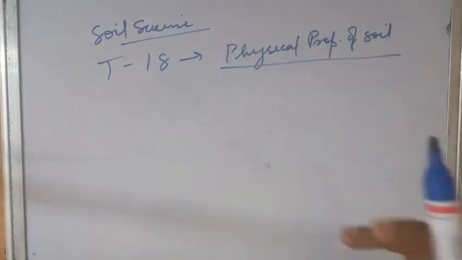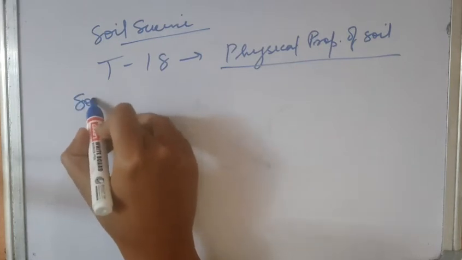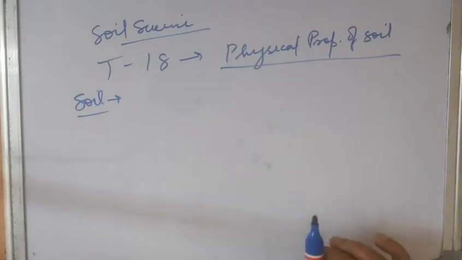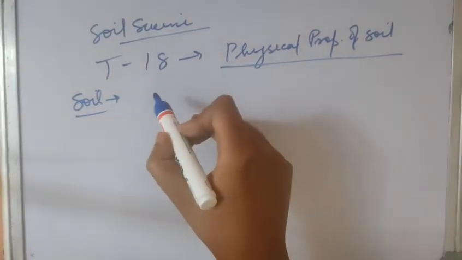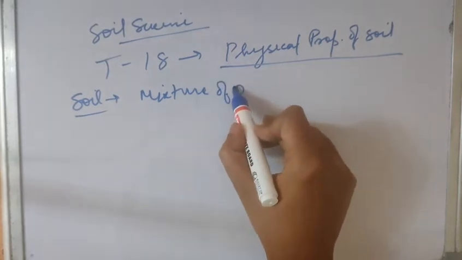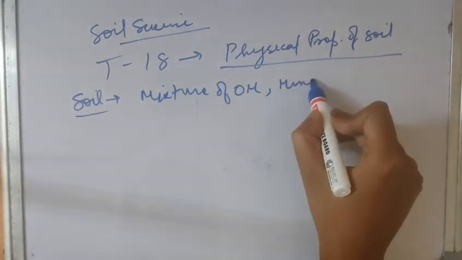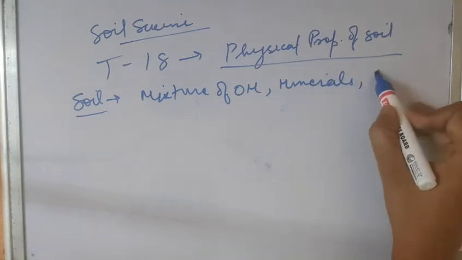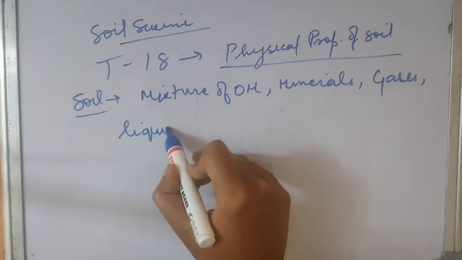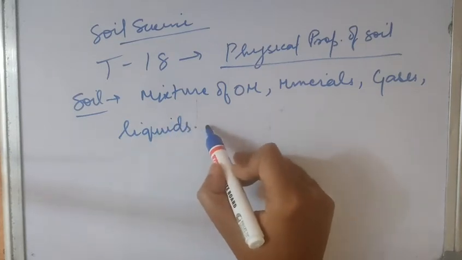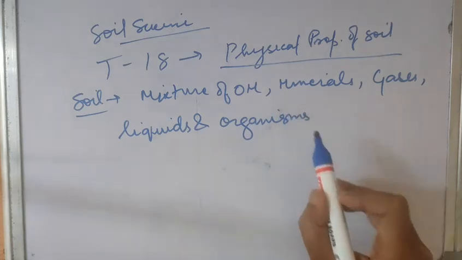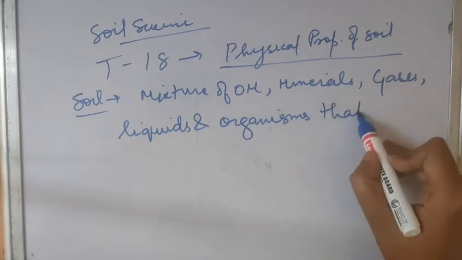So moving on, what is soil? How will you define soil? Soil is a mixture of organic matter, minerals, gases, liquids, and organisms that together support life.